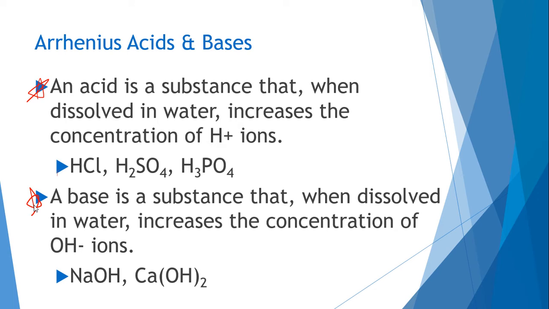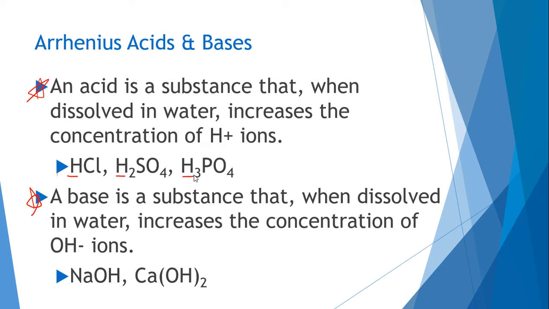Arrhenius described an acid as something that whenever it's dissolved in water, it increases our hydrogen ion concentration. So typically most people say it's an acid if it has an H in it or a hydrogen. So here this has a hydrogen, hydrogen, and hydrogen. Specifically, those are hydrochloric acid, sulfuric acid, and phosphoric acid.